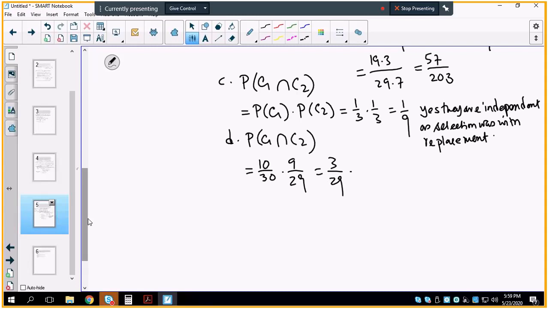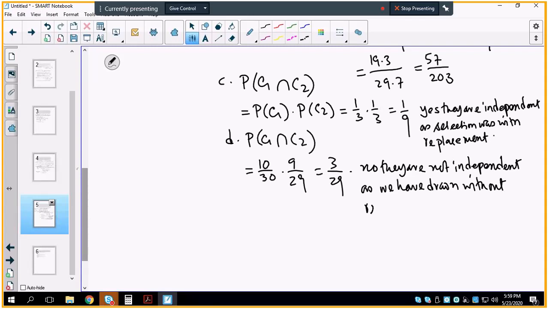So we'll say that no, they're not independent, as we have drawn without replacement. And that completes the answer to this question, and we will go on to answer our last question.